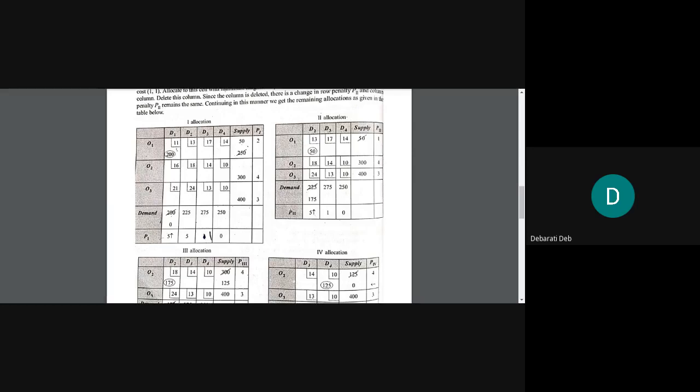Under the supply column, you will write 50 for the first one, because out of 250, 200 was allocated. So left is 50. Nothing else has been exhausted, so for O2 you will write 300, and for O3, 400.